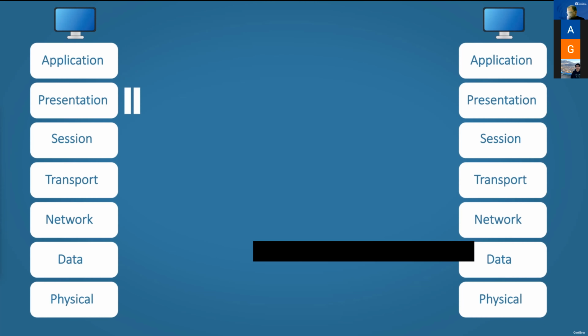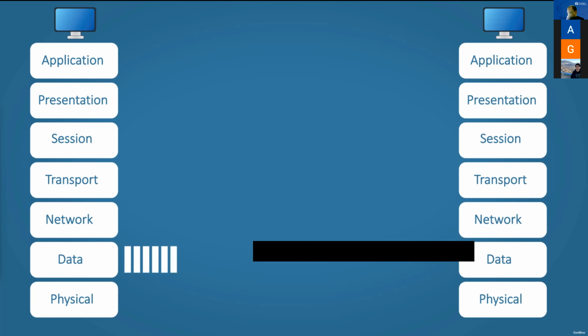Step 3, session layer. A session with a receiving mail server is started. Step 4, transport. This is where it decides to use TCP or UDP. In this case, we'll use TCP to make sure every packet gets delivered. Also, the source and destination port is added to the data. Step 5, network. The IP address of the mail server is added as the destination, and the source IP address is also added to the data.